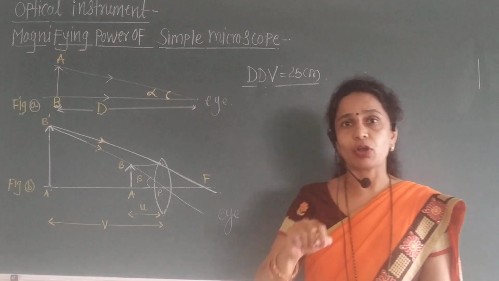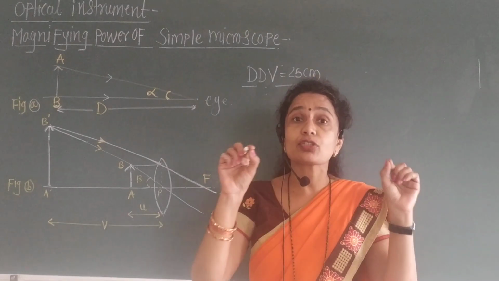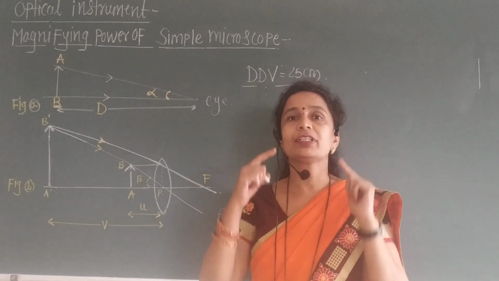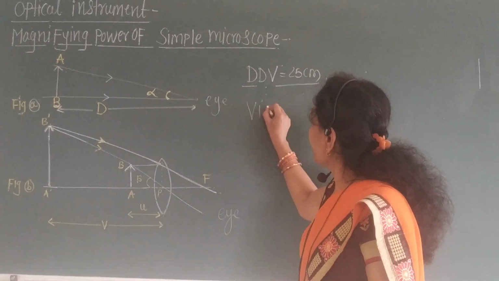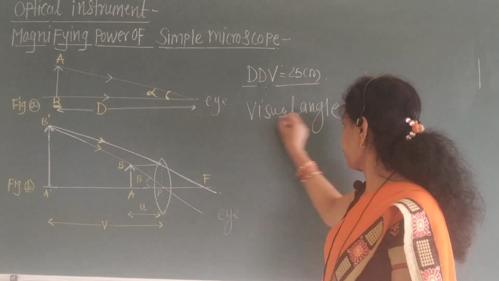The image formed on the retina of our eye depends on the angle made by the object with our eye, and that angle is called the visual angle. This angle is very important.